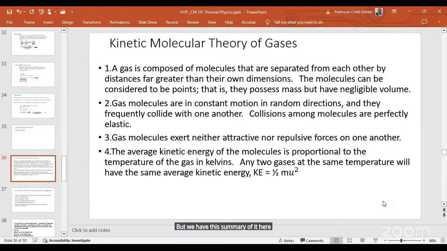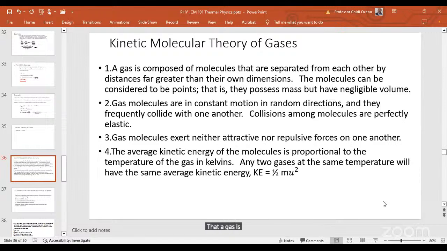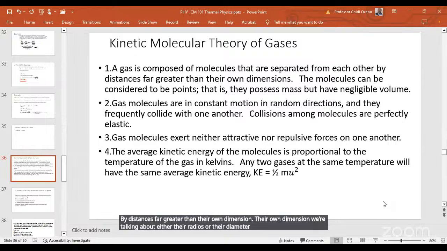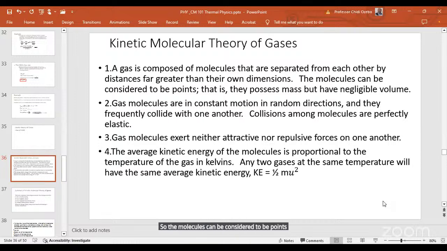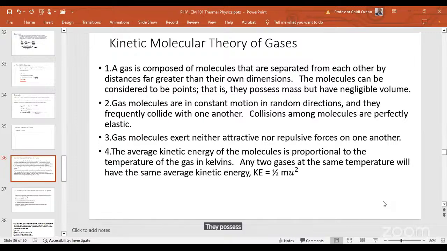The kinetic molecular theory of gases is summarized under these four points. One, a gas is composed of molecules that are separated from each other by distances far greater than their own dimension, meaning their radius or diameter. So the molecules can be considered to be points. That is, they possess mass but have negligible volume.